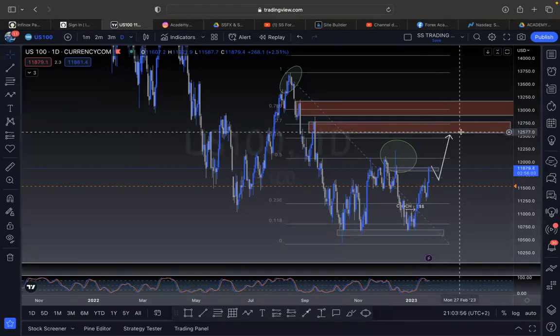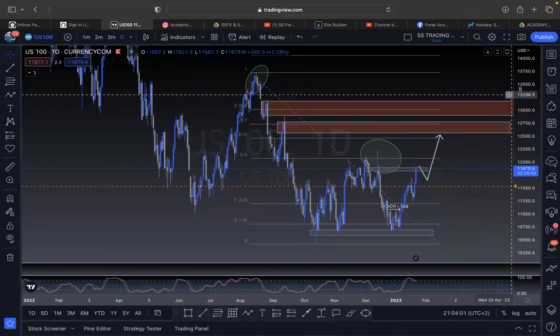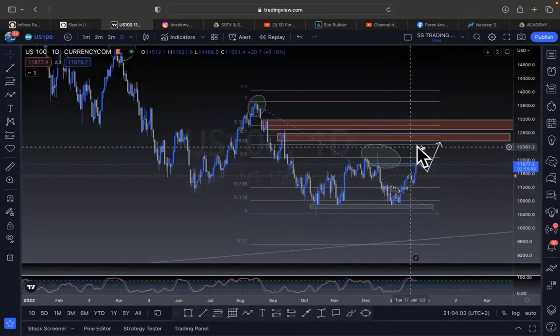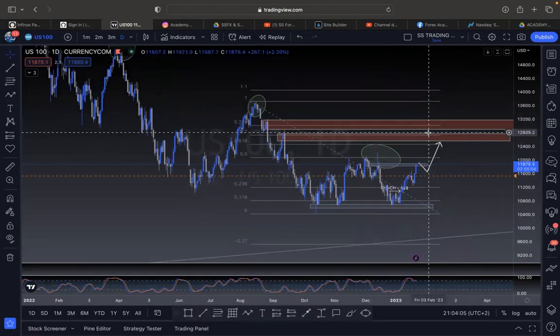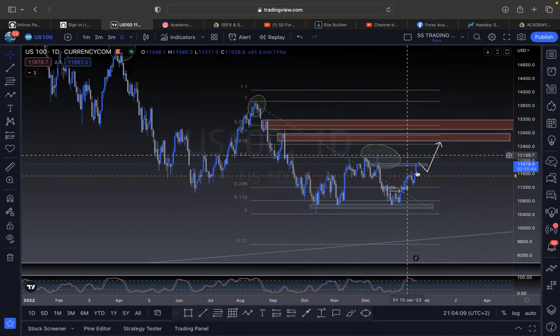So if you are holding buys, those are levels to watch out for, because it's between the 61 and the 78.6, and we've got strong supply areas in that zone.